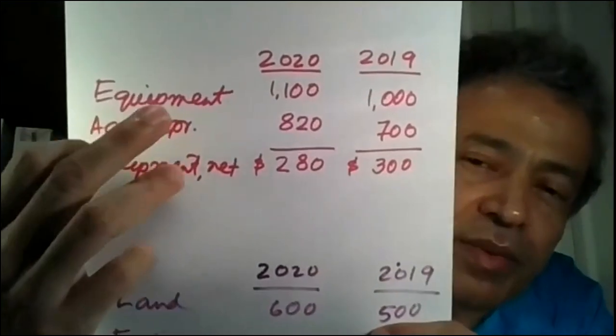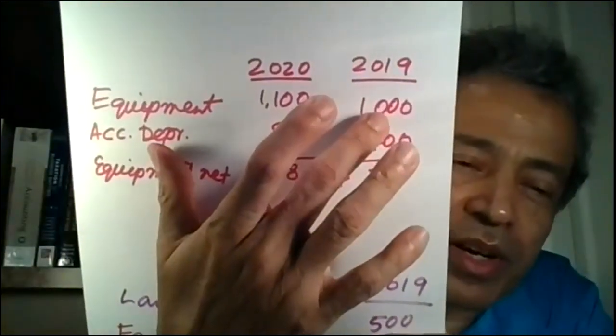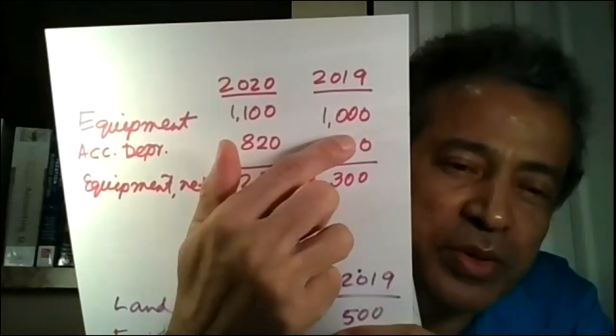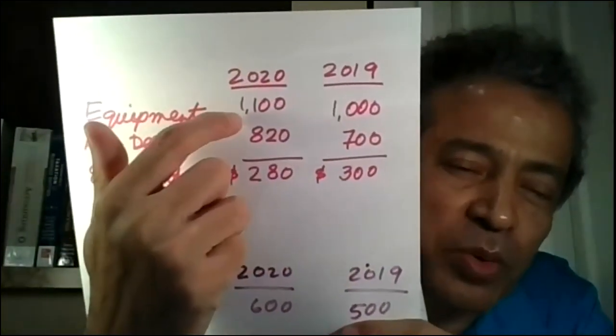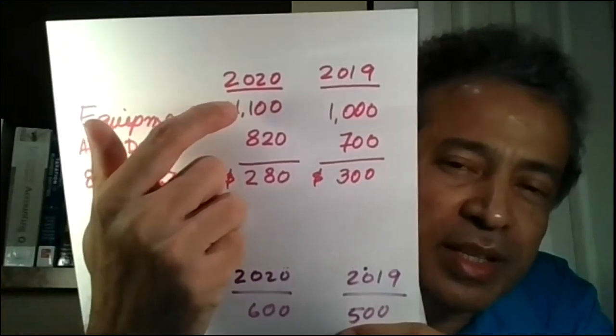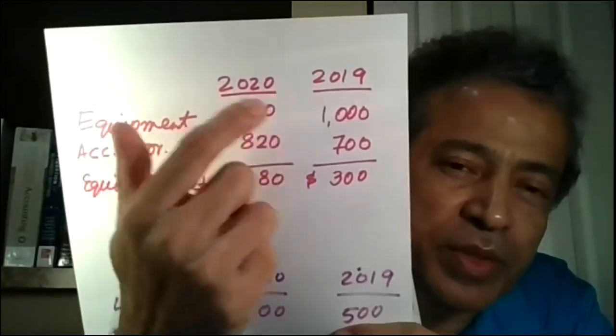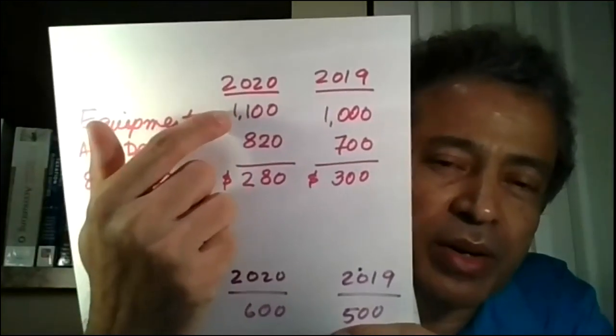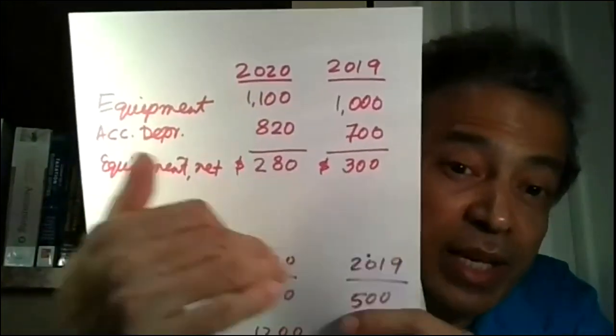So look at it carefully. Equipment last year was $1,000. We purchased $200 worth. So 1,000 became 1,200, and then we sold one of the old ones. That has brought it down to 1,100. It's gone up by 200, then came down by 100. So it's now $1,100. Depreciation was actually in the income statement.